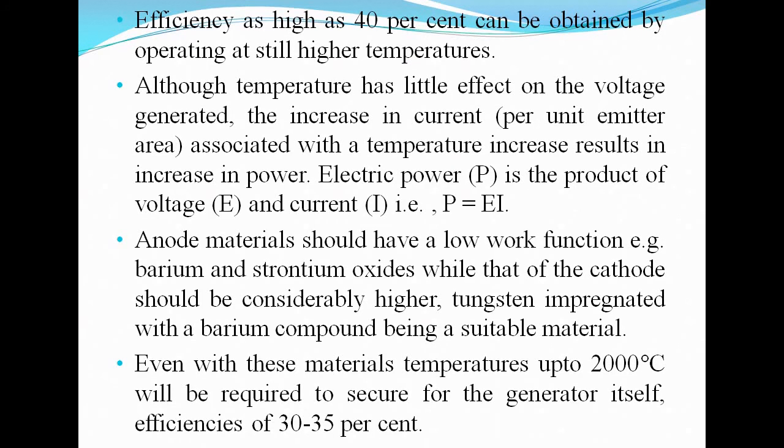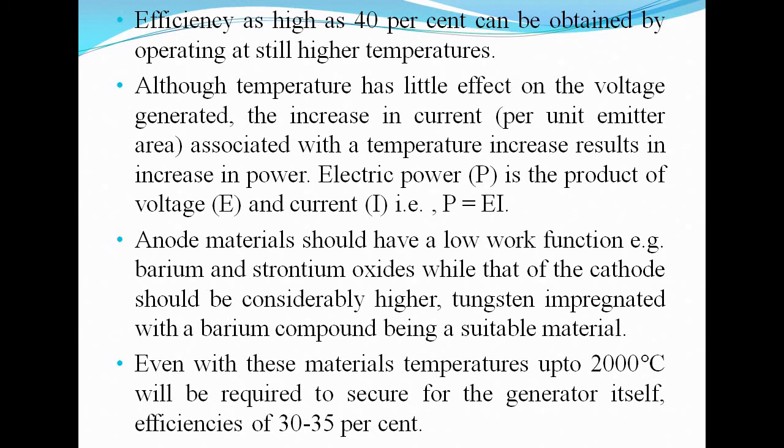Efficiency as high as 40% can be obtained by operating at still higher temperature. So if we increase our temperature, we will get an increase in efficiency, but there are limitations to the increase of temperature.